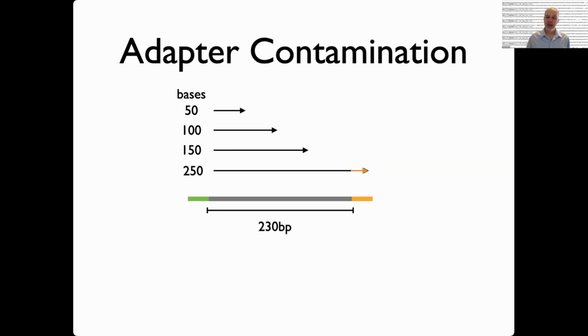I will say that if you look at the distribution of quality scores across a read, it does tend to go down as you move towards the 3' end. And so once you start seeing low quality bases, there's a good chance that subsequent bases are much more likely to be low quality.